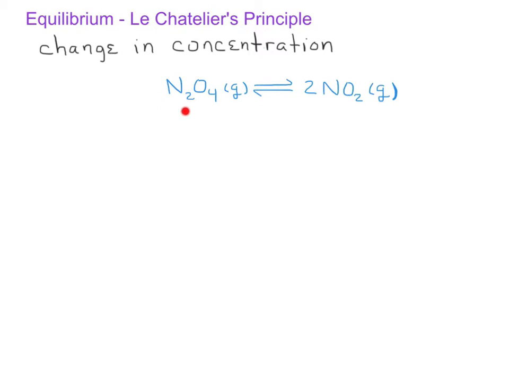We'd be adding a disturbance on this side. And so in order to minimize the disturbance, Le Chatelier's principle says that the amount of N2O4 must be reduced. So that means that the reaction would shift to the right to use up the N2O4 and to form more of the NO2.